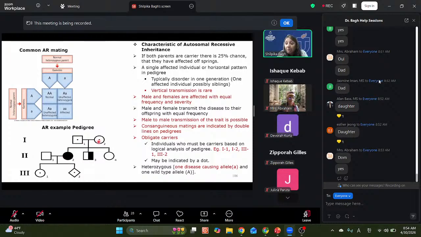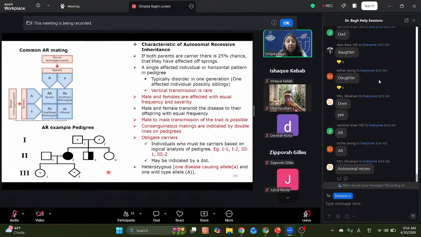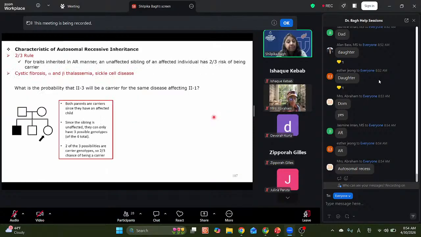Is there a 2/3 rule? Yes. The 2/3 rule is for autosomal recessive disorders. Both parents have to be carriers and the sibling they are asking about should be unaffected. In autosomal recessive, do both parents need to carry the mutant allele?